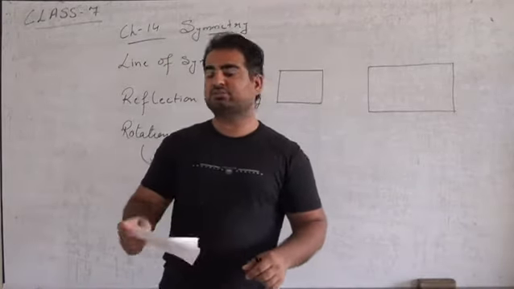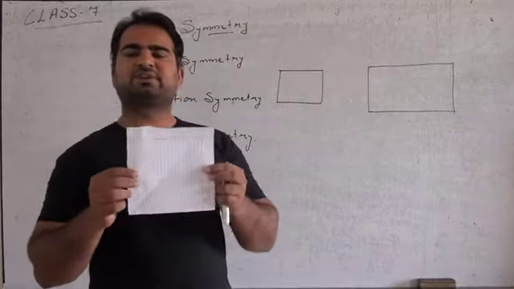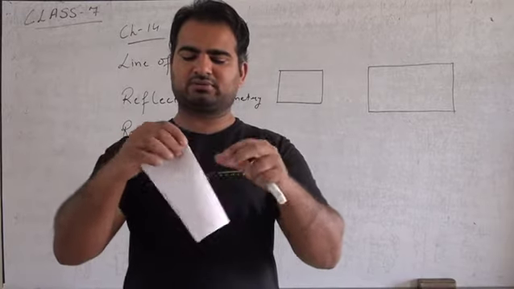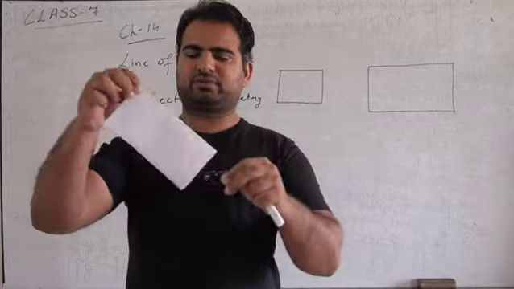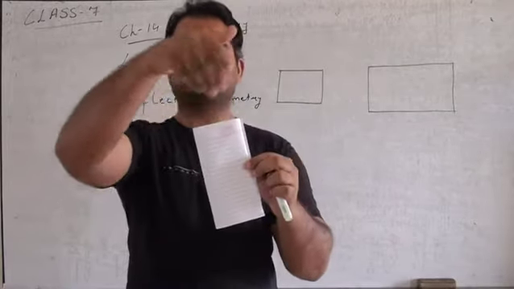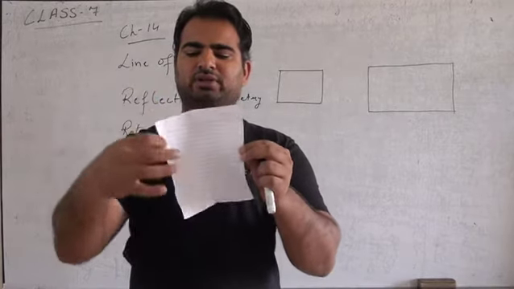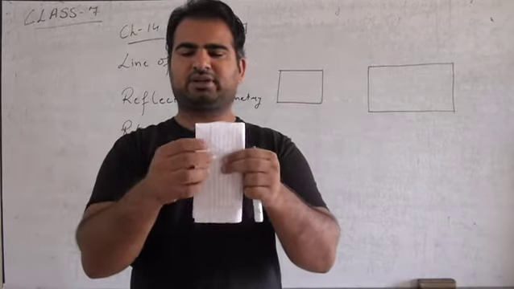Now we are taking a square piece of paper like this. We are folding it about its center. So what is this doing? It is overlapping the other part like this. If we fold it like this, is it overlapping?